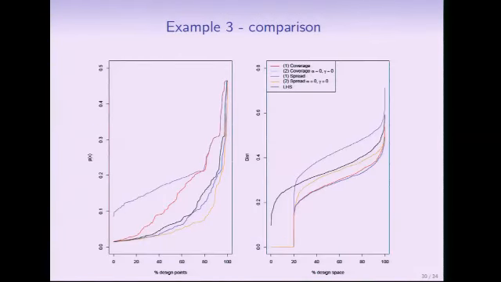So we can compare again coverage designs, spread designs, and our Latin hypercube design. I'll show you first of all the Latin hypercube design, and our fraction of design space plot is this black line.